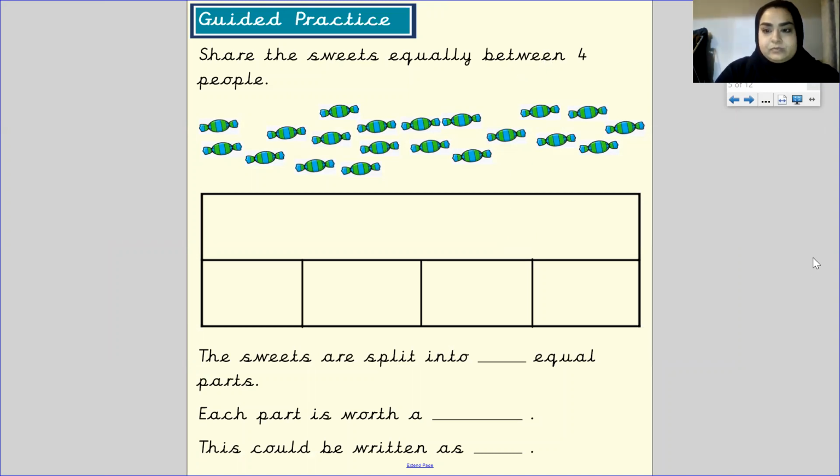Now, guided practice number 1. So it says share the sweets equally between 4 people. What I'd like you to do is pause the screen now and use this bar model to help you complete the answers. Okay, pause the screen now and work it out and then come back to my screen when you are ready. Okay, so at the top of my bar model, I am going to write down how many sweets there are.